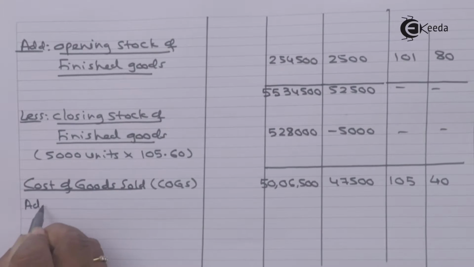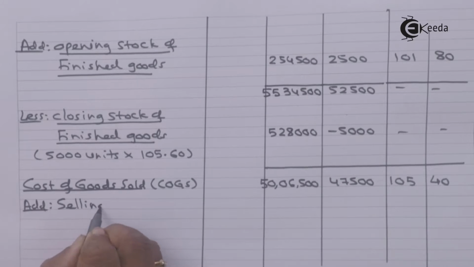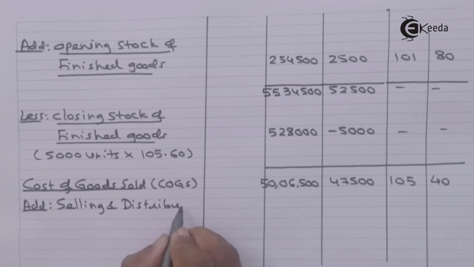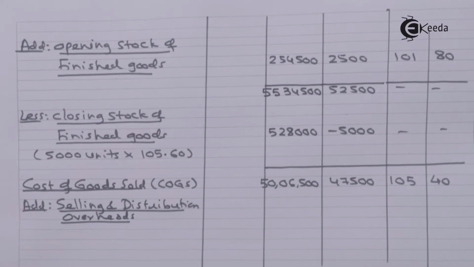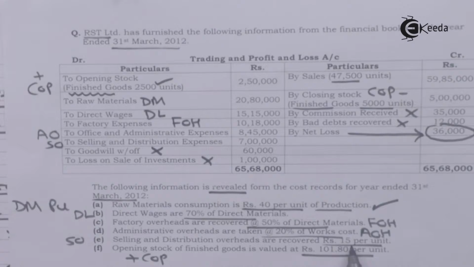To this we are going to add selling and distribution overheads recovered, 15 per unit.